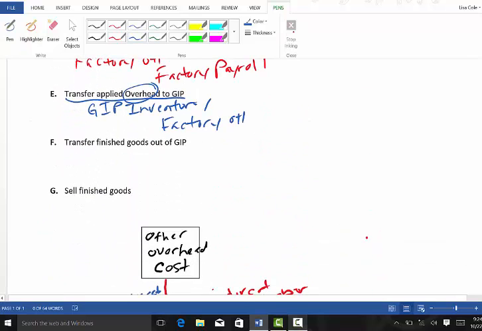And so that entry would be a debit to finished goods inventory, and then we would credit goods in process inventory.